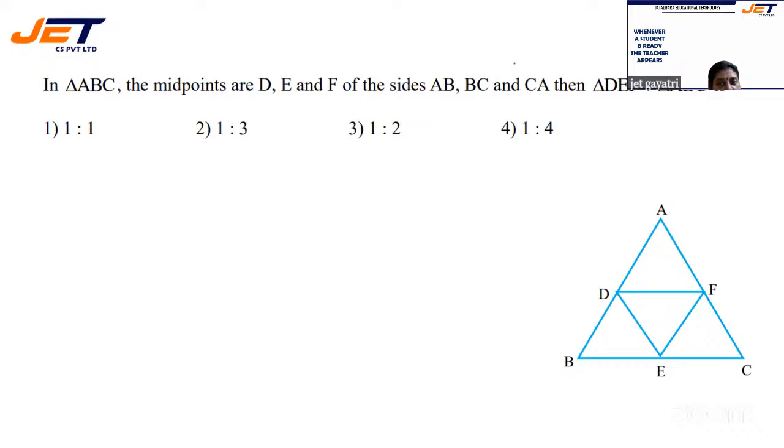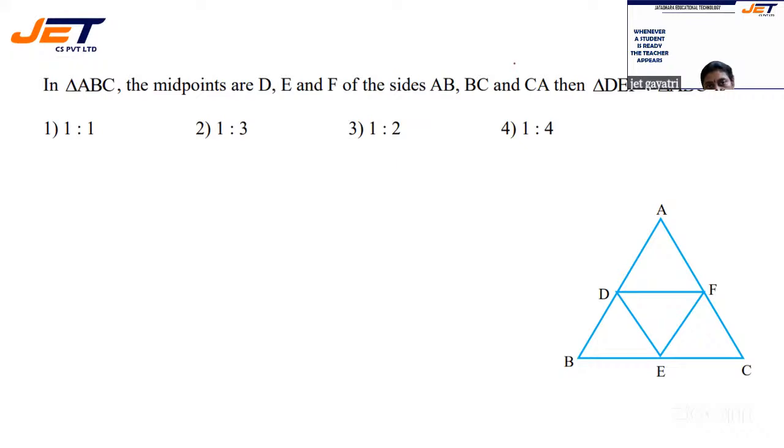D is a midpoint of AB, E is a midpoint of BC, and F is a midpoint of AC, isn't it? So now they're asking us triangle DEF is to triangle ABC. What could it be?